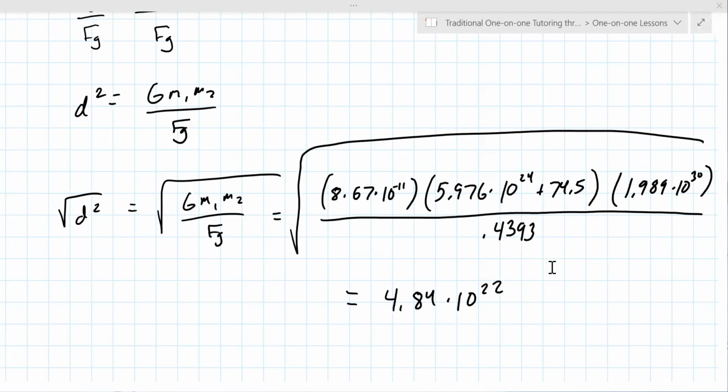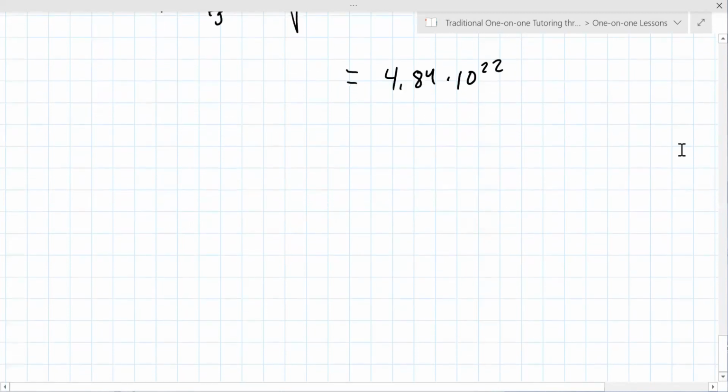So, trying to figure out how to do this.